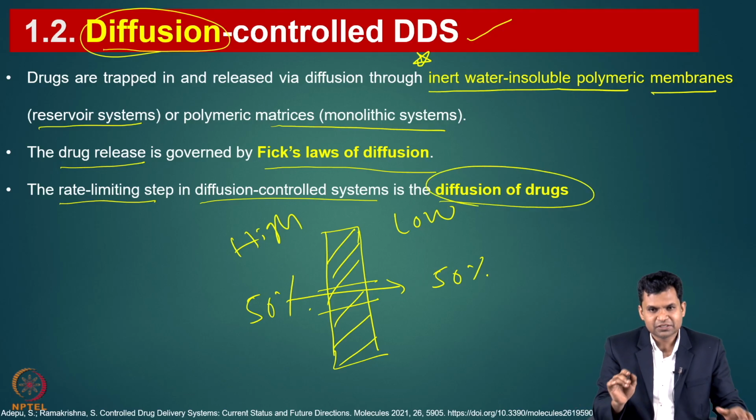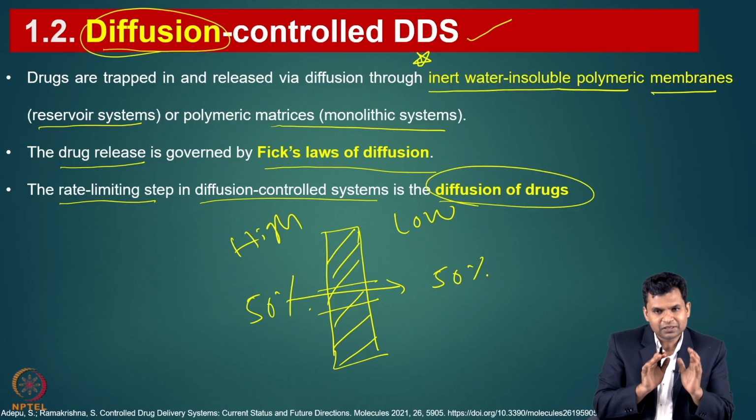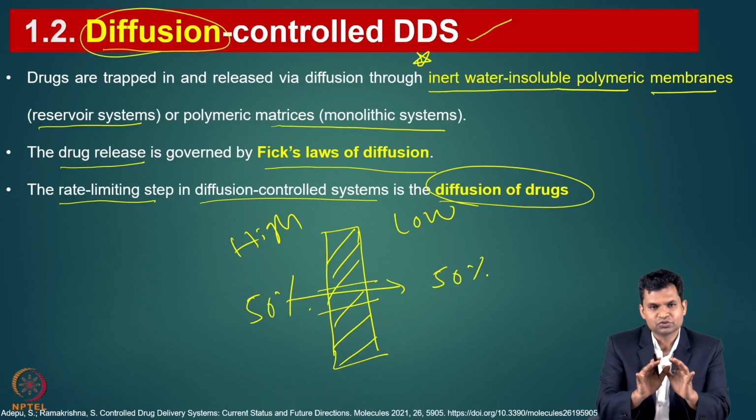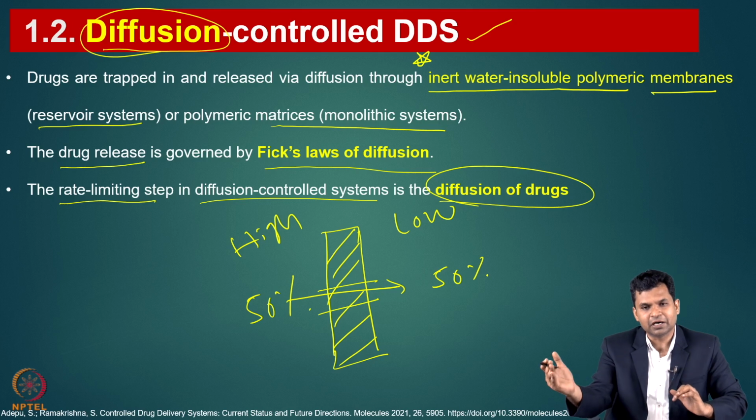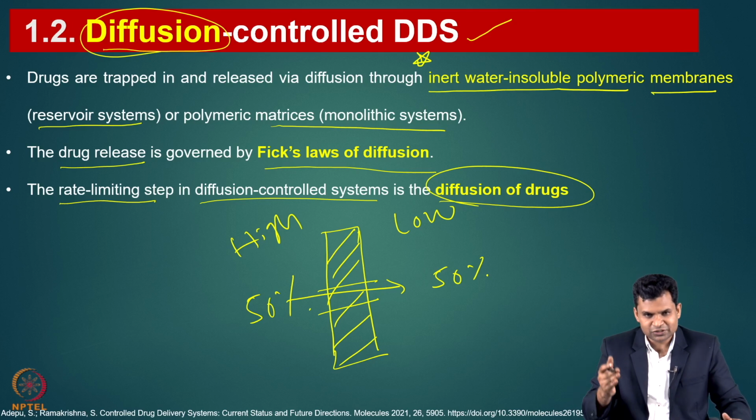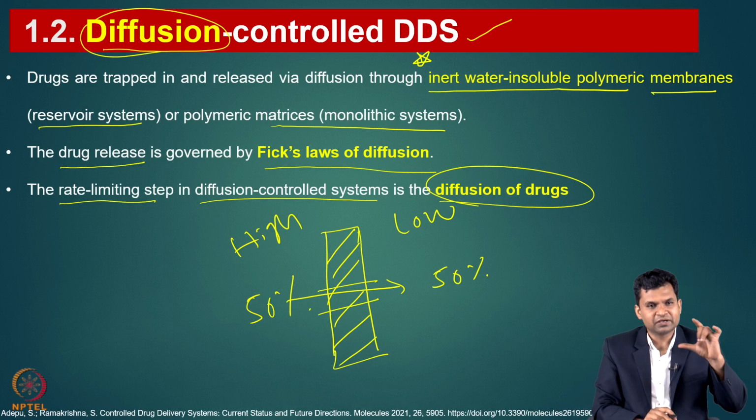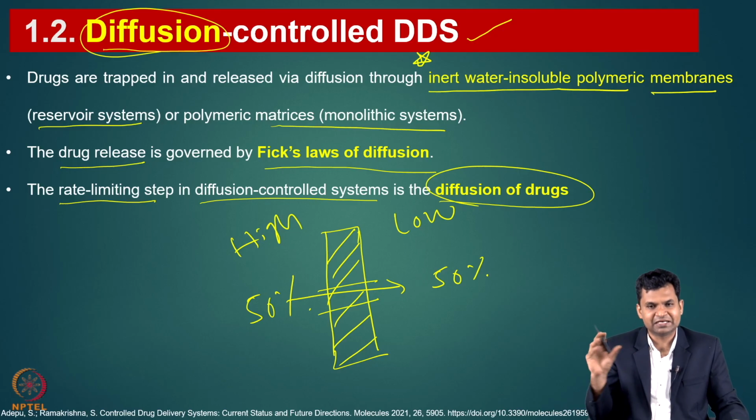Once your drug diffuses from the membrane, the maximum of the drug will be absorbed through the biological membranes. So, the rate limiting step and mechanism is diffusion, which does not require any energy.